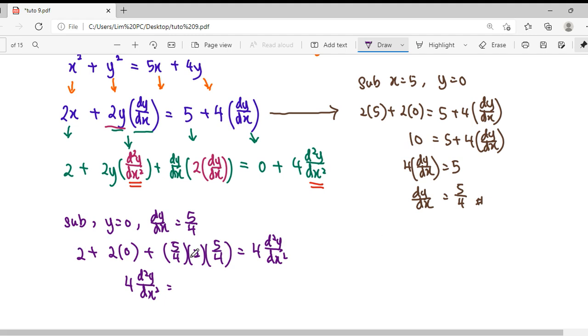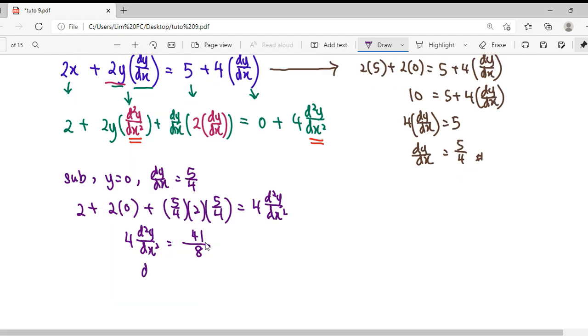Press your calculator and evaluate this, and we get 41 over 8. Then finally move the 4 to the right hand side, and it becomes 41 over 32.